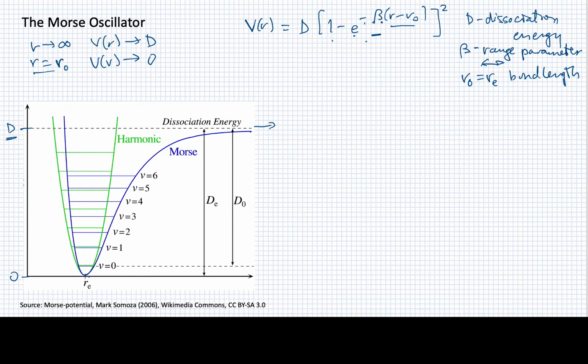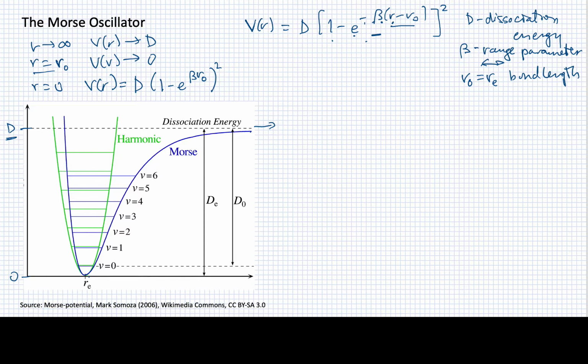Finally, as r goes to 0, or r equals 0, what will I have? Well, for r equals 0, I'll end up with a function V of r that equals D times [1 minus e to the beta r0], squared. Depending on the value of beta and r0, this is not 0, it's not infinity.